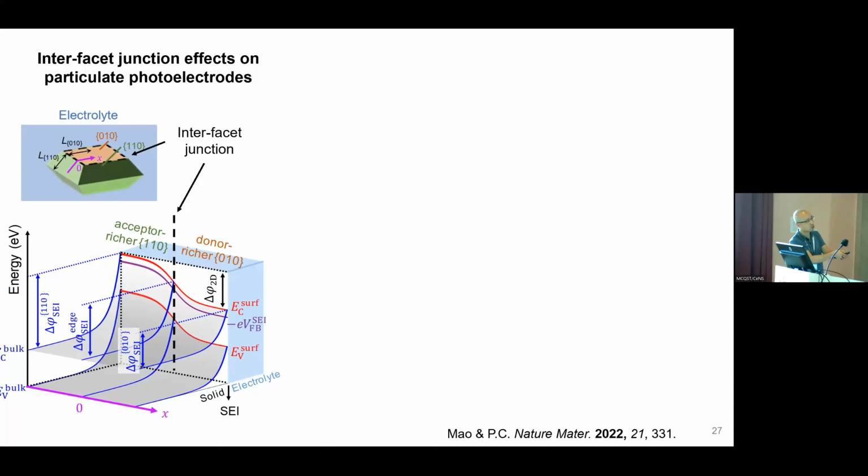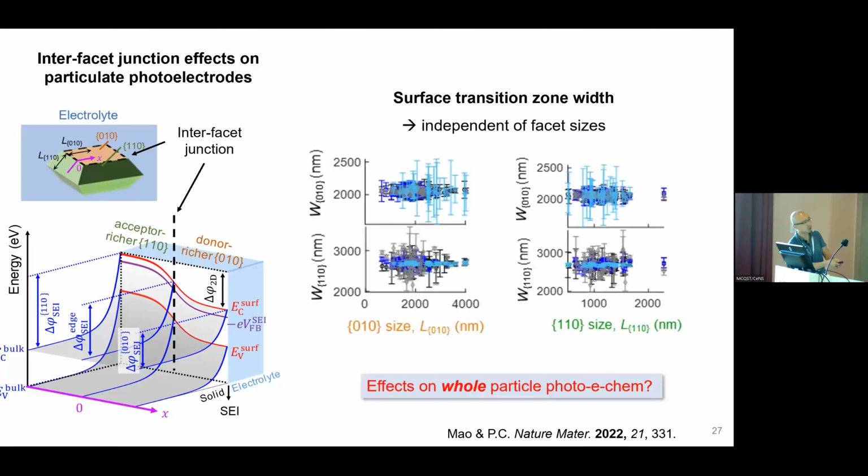Because of the transition zone, the band bending at the solid-electrolyte interface is different from one facet to another and slowly changes along the surface. We also determined that the transition zone width is independent of the particle size. Now this behavior would be predicted to affect the behavior of the entire particle.